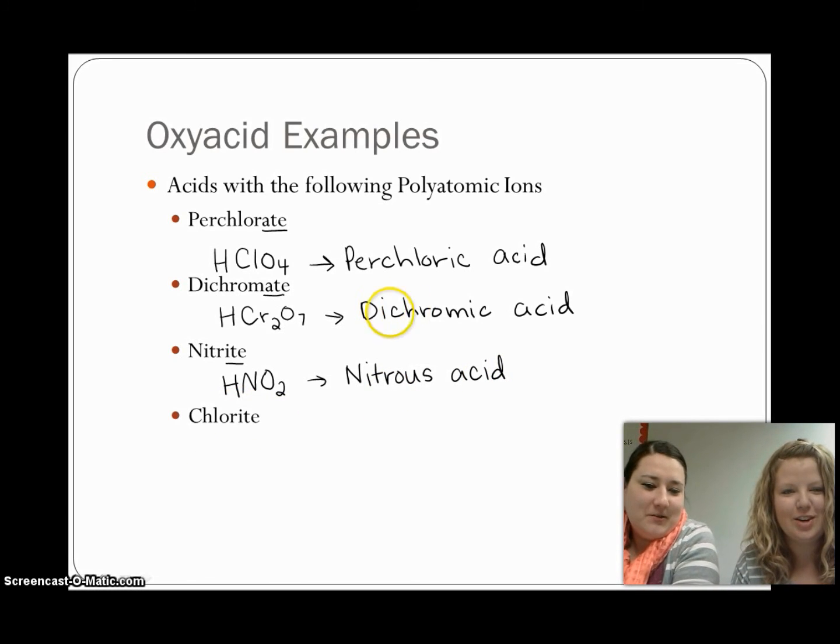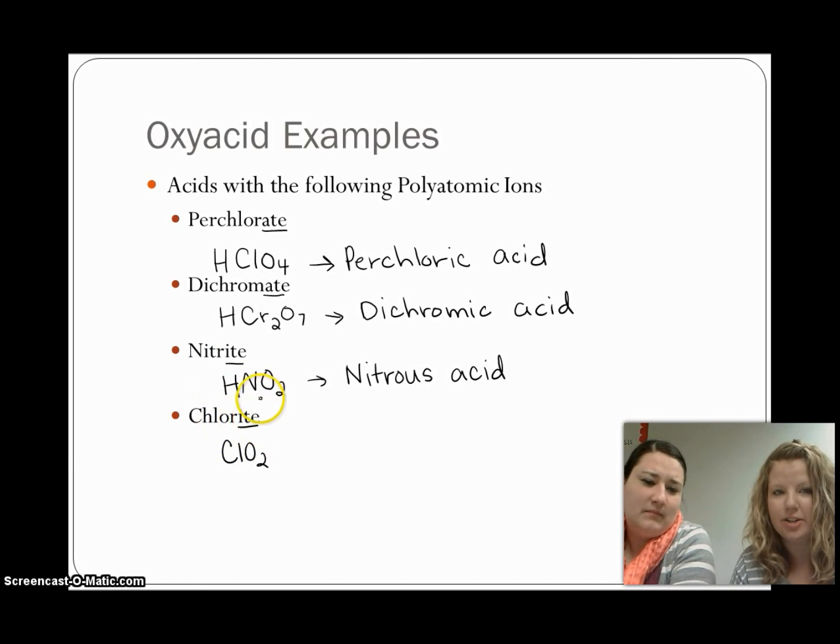All right, next one. Chlorite. Another ITE ending. So we know chlorite is ClO2. Now don't get hypo mixed up with hydro.